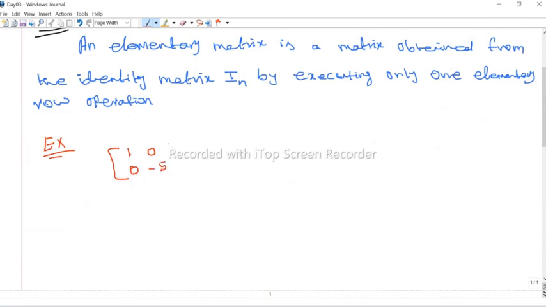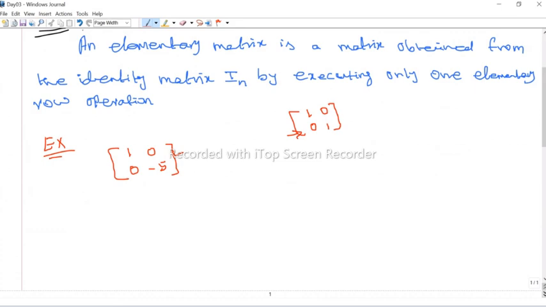This is an elementary matrix, because I am applying exactly one elementary row operation, of the first kind.